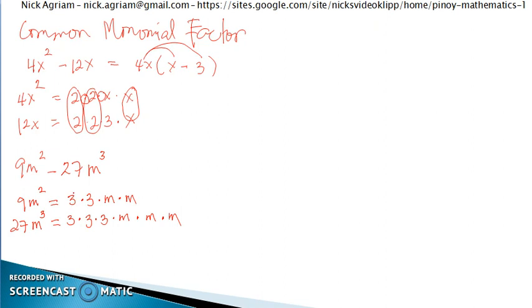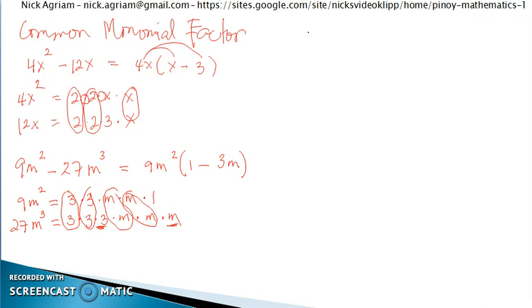As you can see, we have 3 as a common factor, another 3, and m, and another m. If we multiply that, it is 9m squared. There is nothing left in 9m squared, but if I multiply this by 1, you can see that the product is always the same. What remains is 1. And then we have 3 that remains in 27, and m, that is minus 3m.